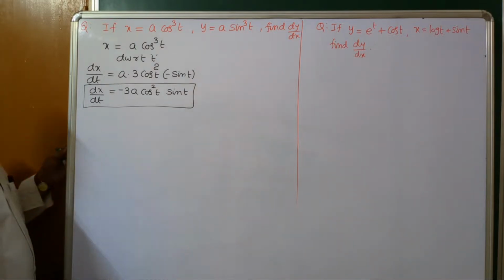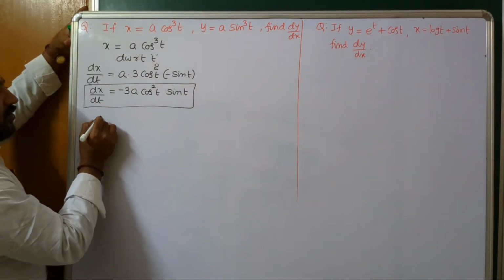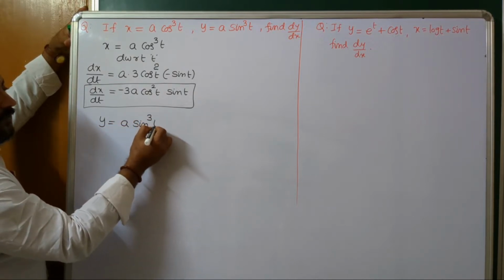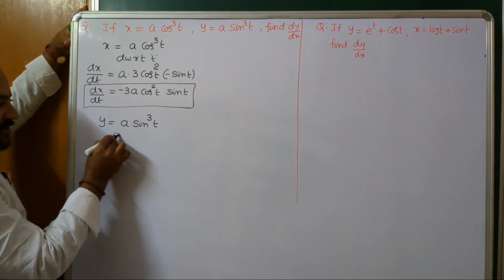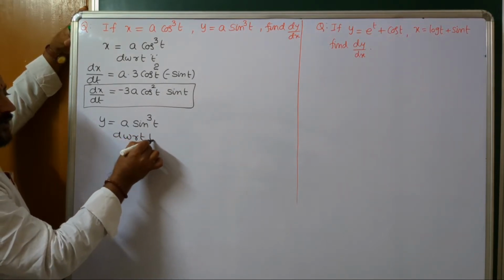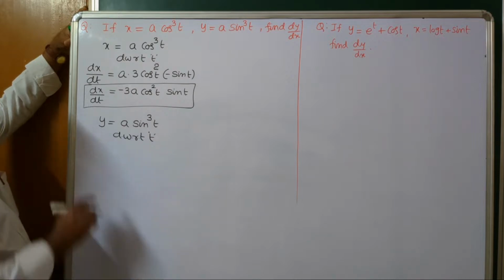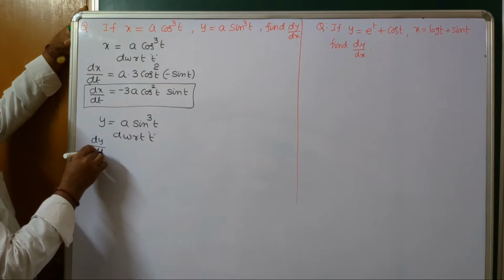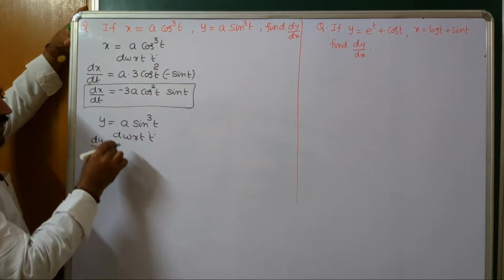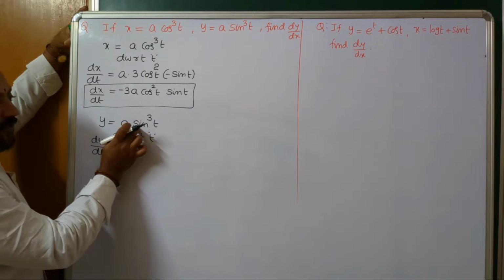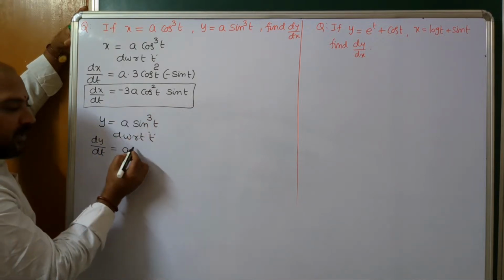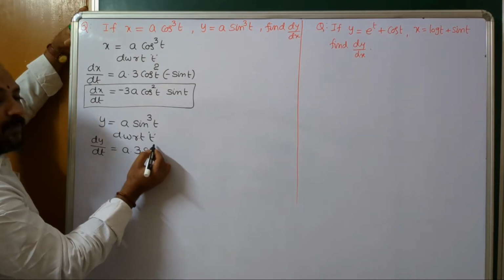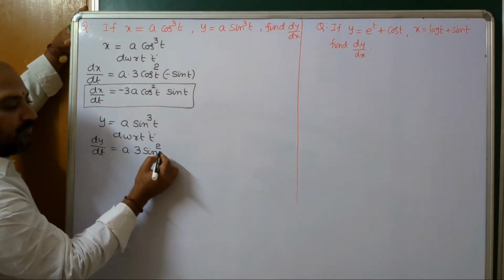Similarly, dy by dt also has to be calculated. Look, y equal to a sin cube t. Differentiate with respect to t. y derivative with respect to t, dy by dt is equal to a into f of x whole power n. n is 3, f of x means sin power 3 minus 1, 2 t.